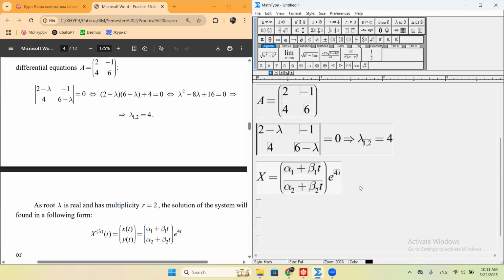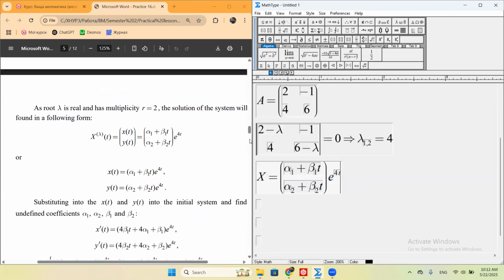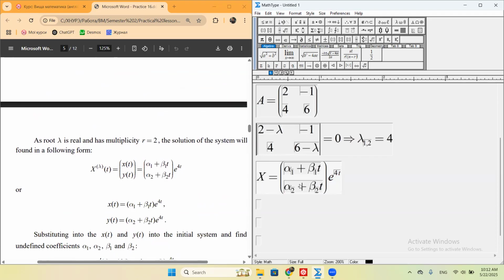We will use the method of undetermined coefficients. To define these coefficients, we will differentiate these expressions for the functions and substitute into the initial system. From it we will find the alpha and beta coefficients.